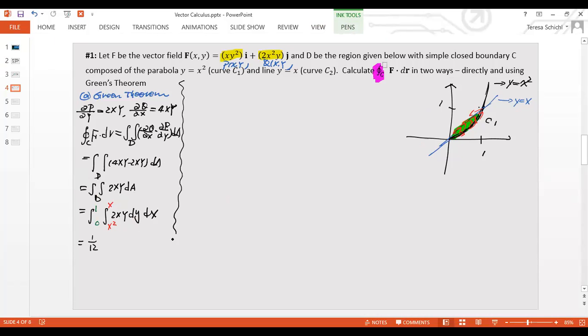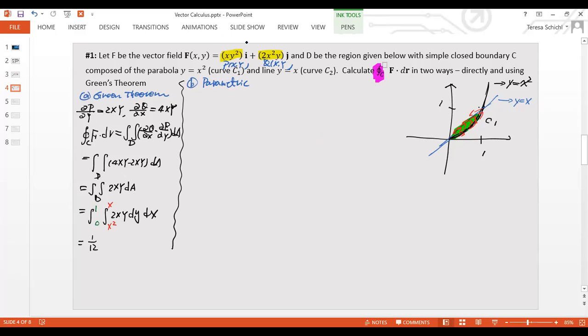But also, like when we started, we said we can always do parametrics. We can always use our basic line definition and try to do it.